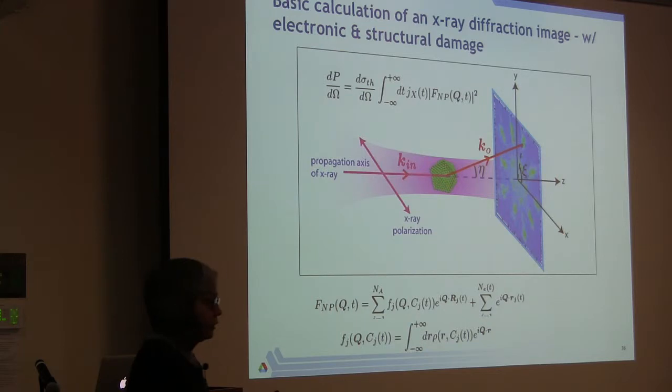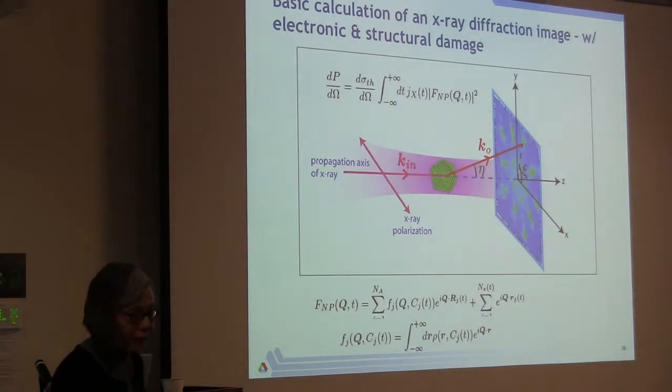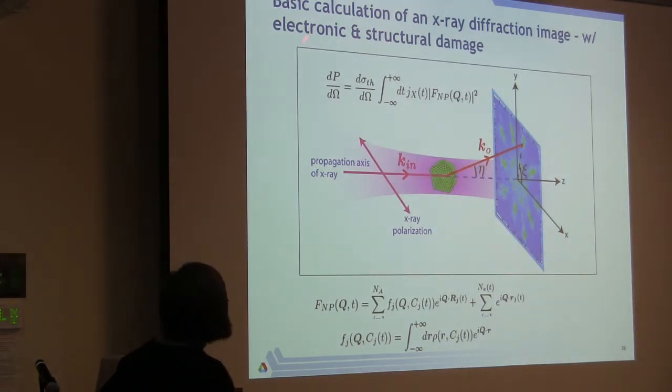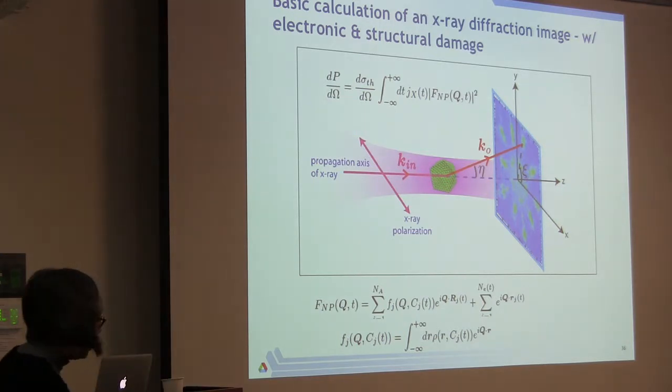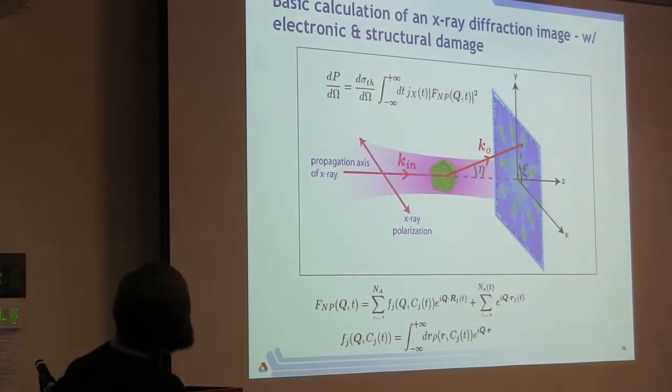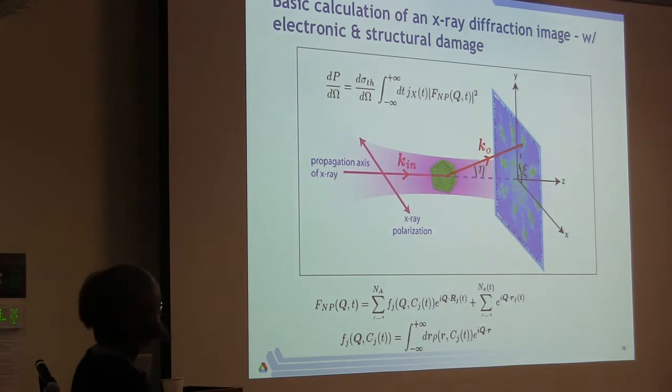Okay, so now how are we going to go about this? Well, we want to model everything and do a basic calculation of this X-ray diffraction image with the electronic and structural damage. You saw yesterday I showed you what Fei Ho was doing, just about charge state distributions and electronic configuration. But now what we want to do is use that to actually calculate diffraction patterns.